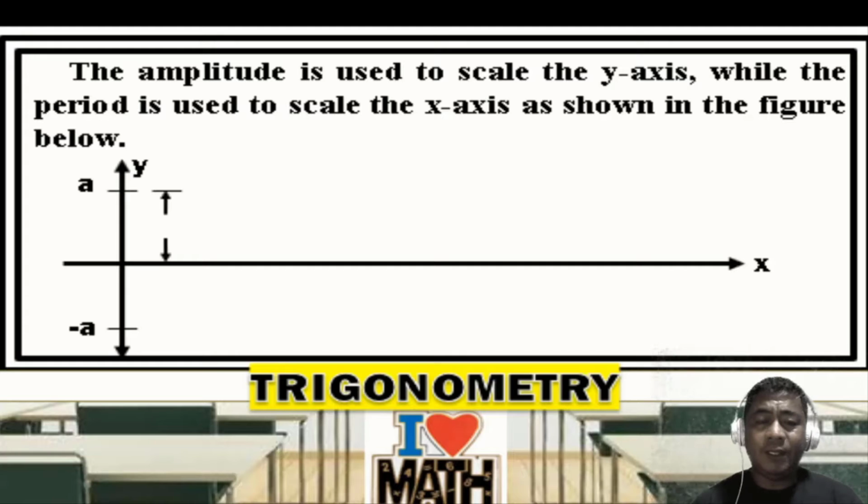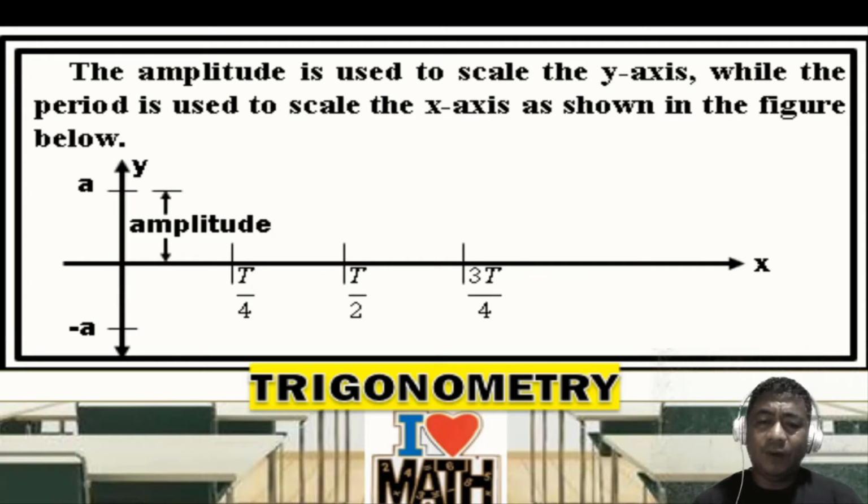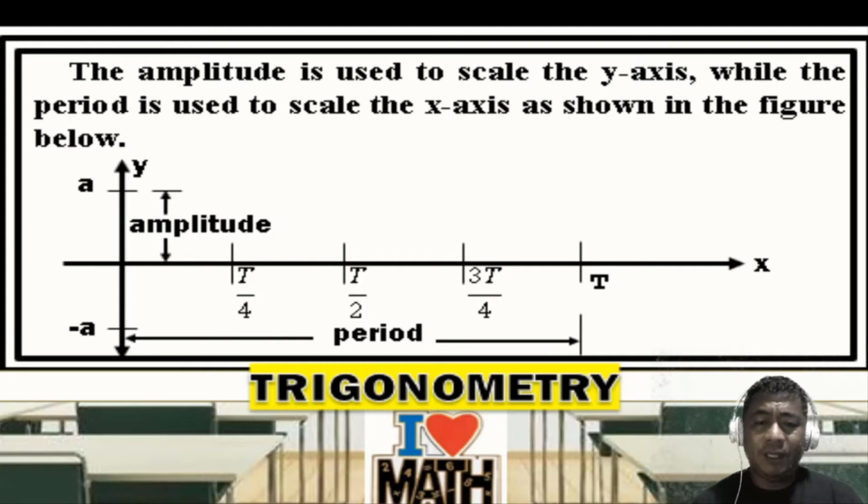The maximum point is at a, the amplitude. And we have T over 4, T over 2, 3T over 4, and T, wherein from 0 to T is what we call the period. As you can see here in the given figure.